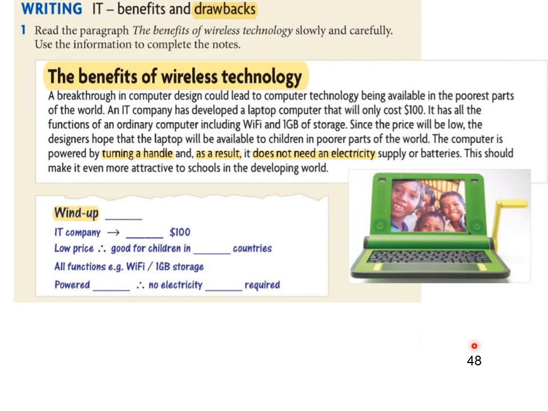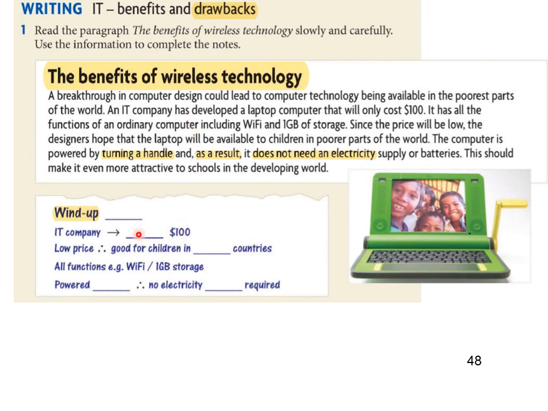On page 48, the writing section is about iTech benefits and drawbacks. The word drawbacks is a synonym for disadvantage, while benefit, as you know, is a synonym for advantage. And the topic is about making notes from a text. So here are the notes taken from this text. iTech company, and then $100.